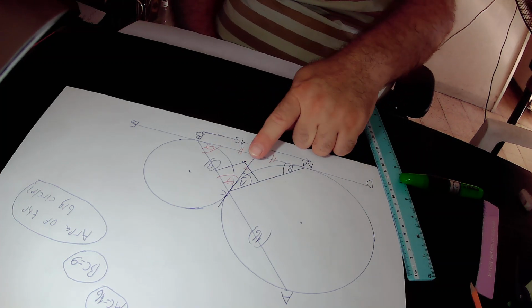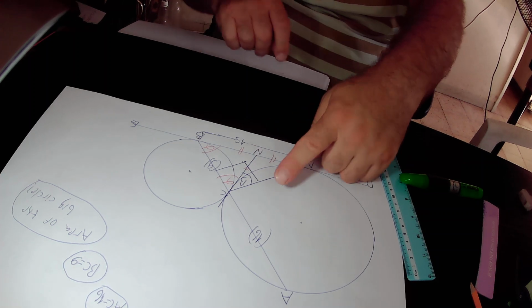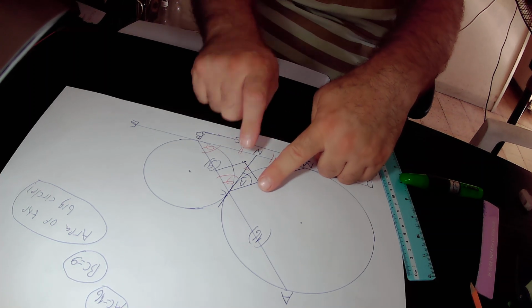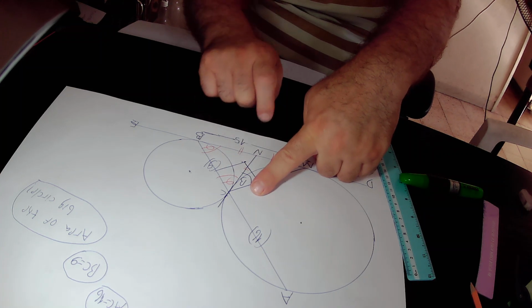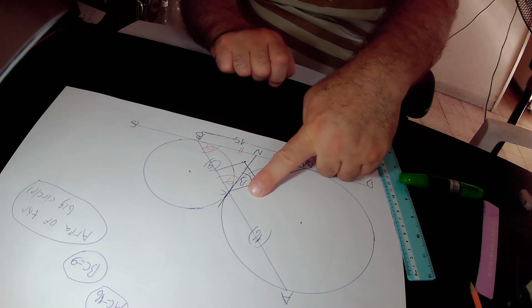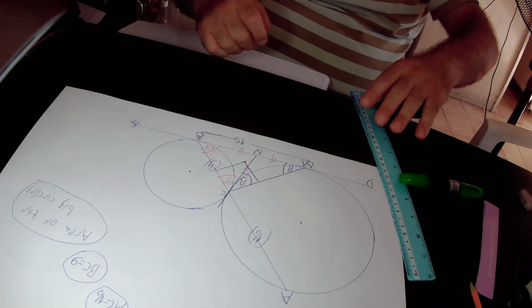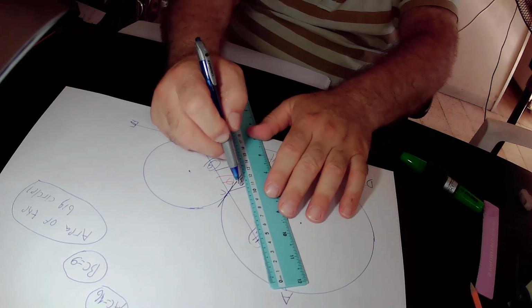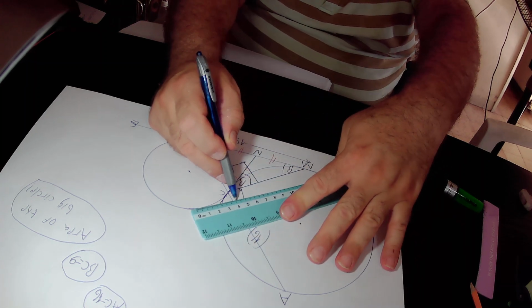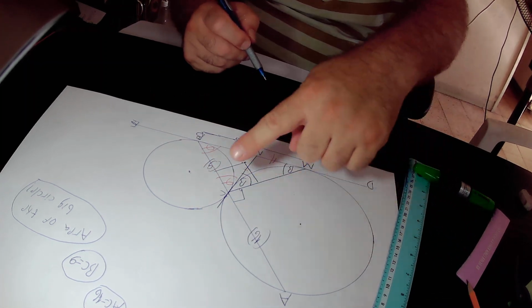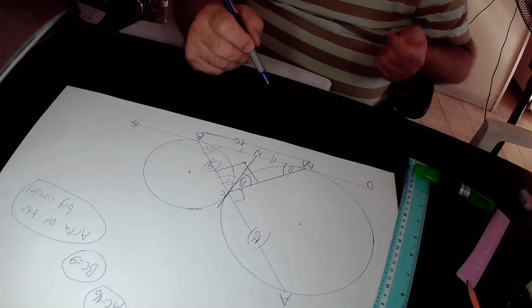We have this angle that is a right angle, plus this missing angle. In total, the sum of those two angles must be equal to 180 degrees according to rule 3. And therefore, this missing angle must be equal to 90 degrees in size. So we found out that angle ACM is a right angle.